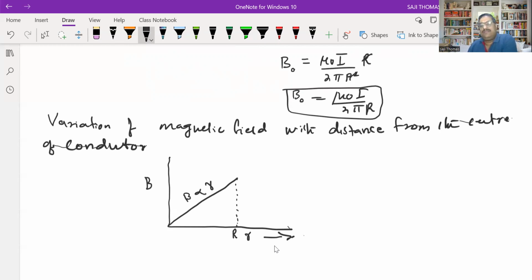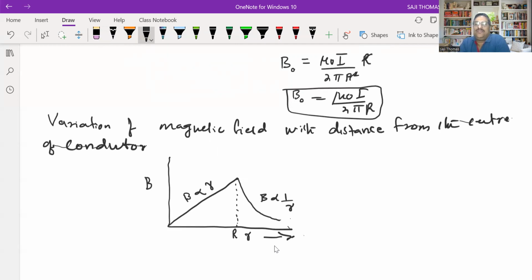As you move away from the surface, B is inversely proportional to r. So the graph will be like this, a curve like this. Dear children, this derivation and the graph are very important.